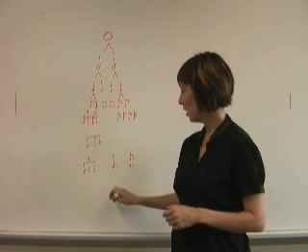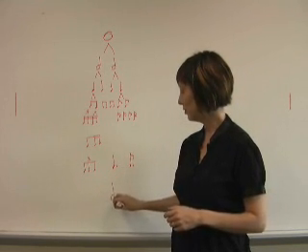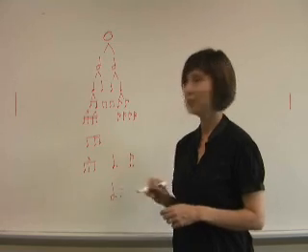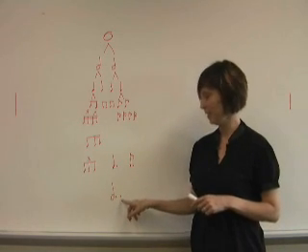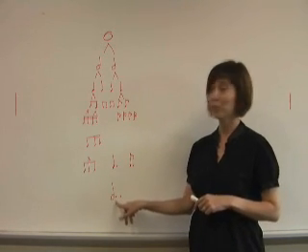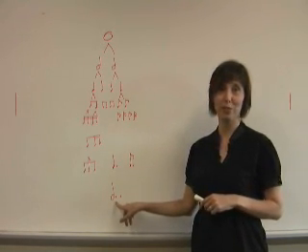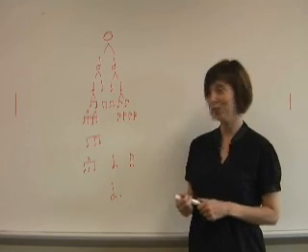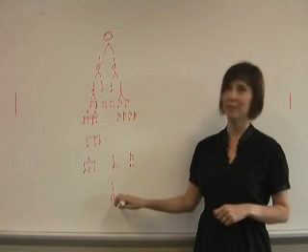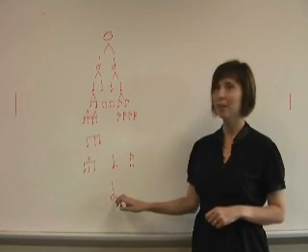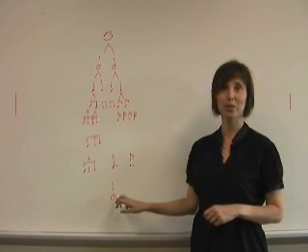Every once in a while, you'll see a double dotted note. In this case, the second dot is worth half the value of the first dot. So, that might be a little confusing. This half note plus the dot, what's the dot going to be worth?